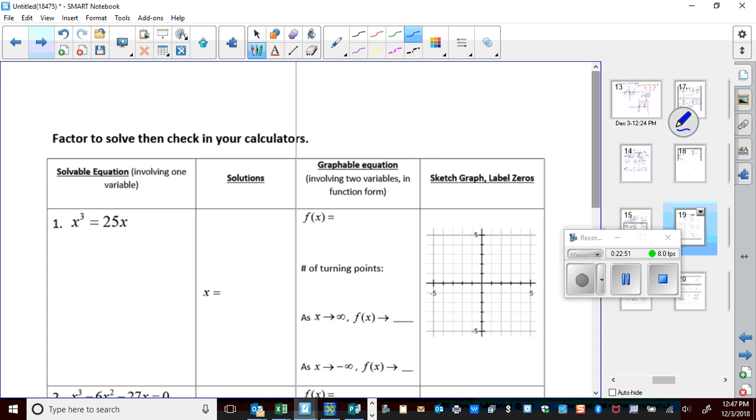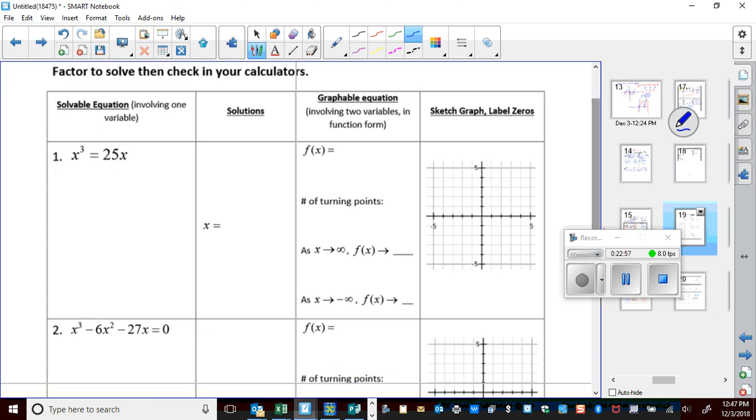Now, what we're going to do is factor to solve and then check the calculators to do this. So I'm going to sketch the graph using the information that I get from the calculator. But first, for this particular one, I'm just going to put everything in standard form. So x cubed, and remember standard form, this is going to move over to the same side as the bigger term, 25x equals 0.